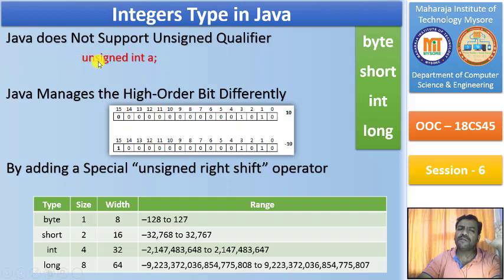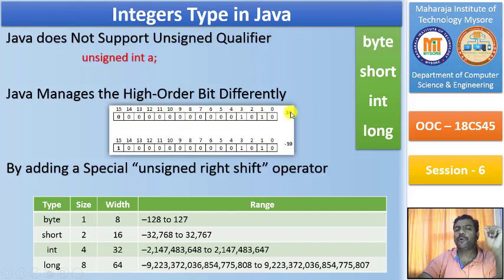The reason why unsigned is used in other programming languages like C and C++ is just for the purpose of the higher order bit.